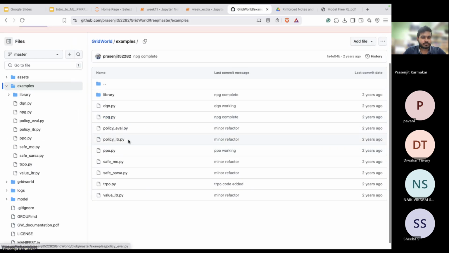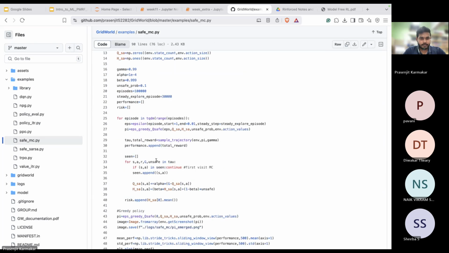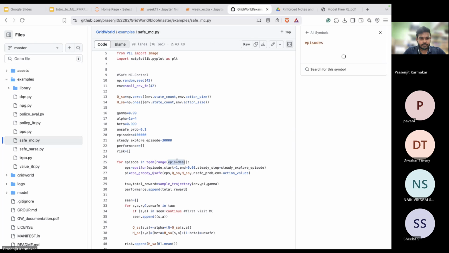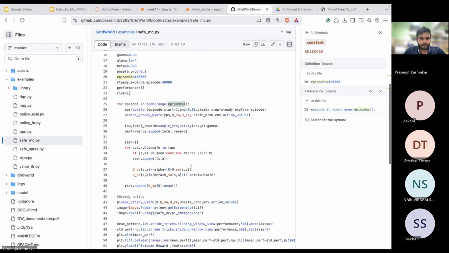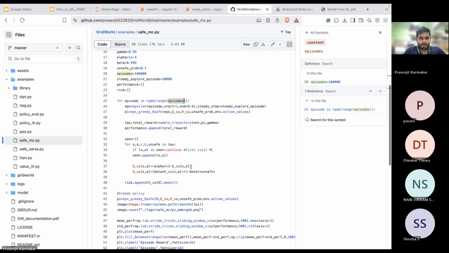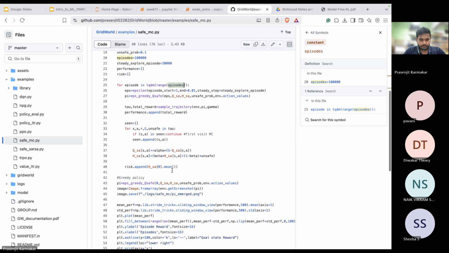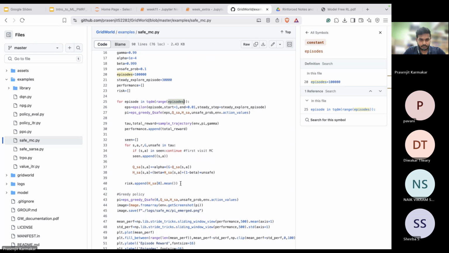Let me show you. So sample a trajectory gives you tau.